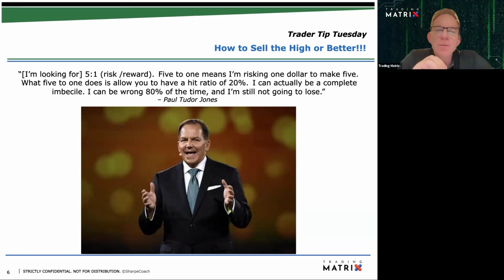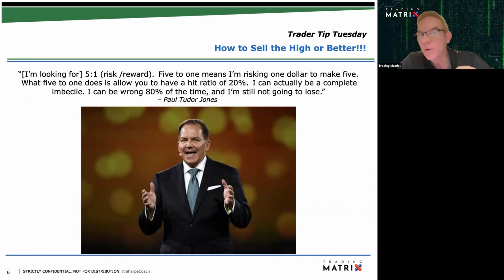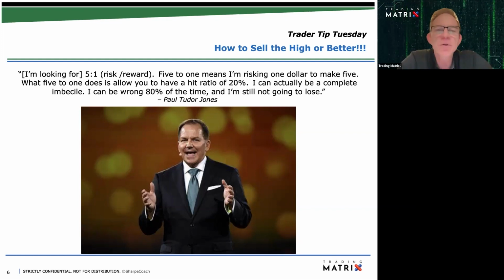Paul would say 5 to 1 means that I'm risking $1 to make $5. And what 5 to 1 does is it allows you to have a hit ratio, or win ratio as we'd call it, of 20%. Paul would say I can actually be a complete imbecile. I can be wrong 80% of the time and I'm still not going to lose.